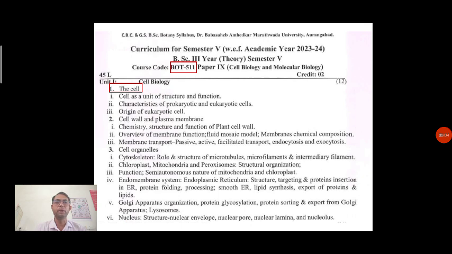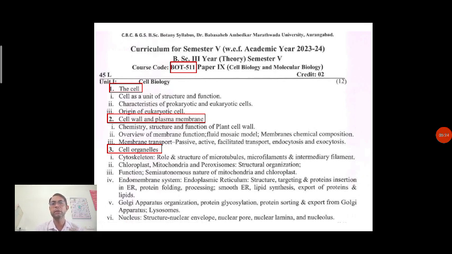Unit number 1 is based on cell biology, which comprises the cell, then cell wall and plasma membrane, and the cell organelles. So this unit number 1 is categorized into 3 parts.